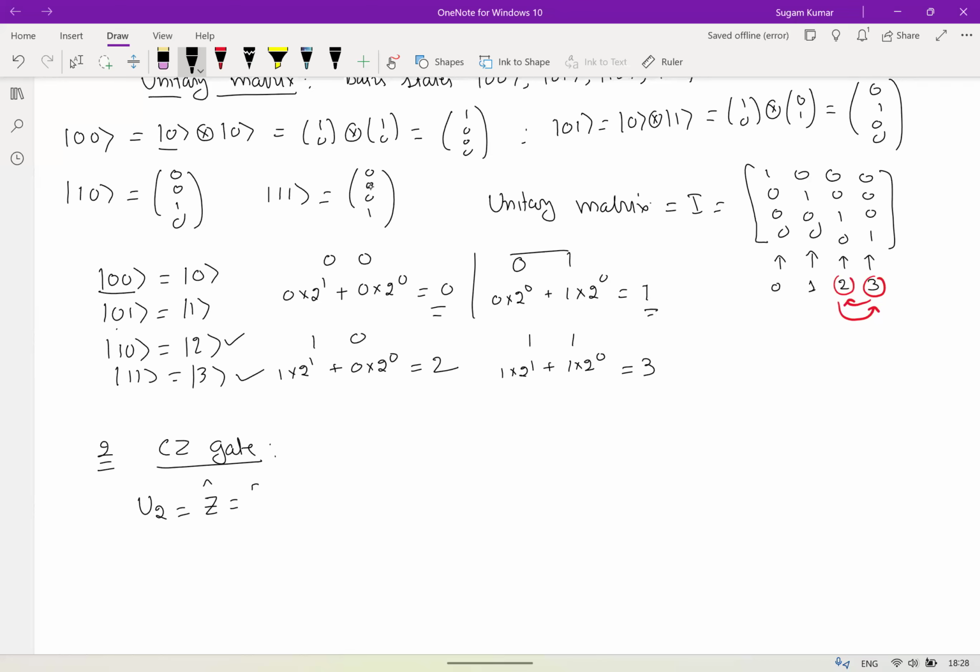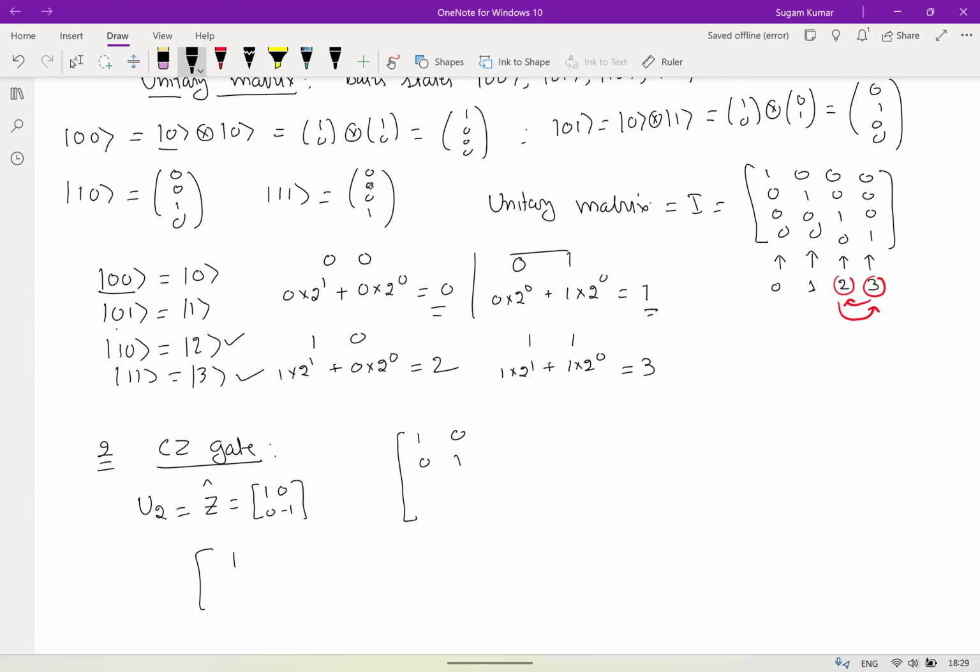And what is a Z gate? It is 1, 0, 0, -1. So the matrix becomes 1, 0, 0, and 0. 0, 1, 0, 0.